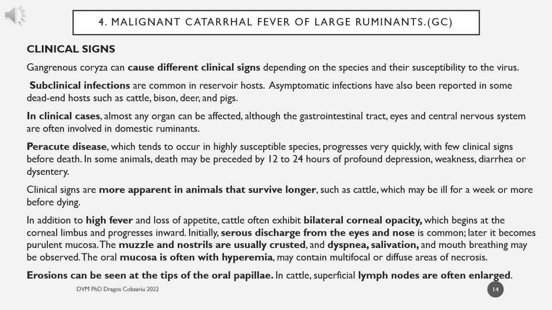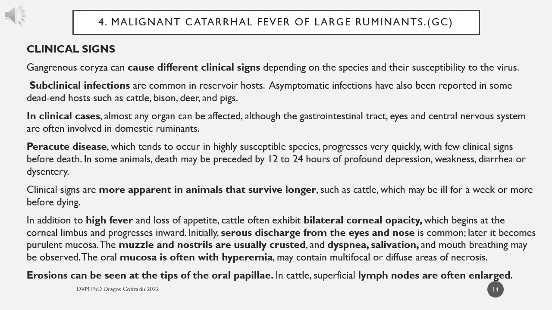Peracute disease, which tends to occur in highly susceptible species, progresses very quickly, with few clinical signs before death. In some animals, death may be preceded by 12 to 24 hours of profound depression, weakness, diarrhea or dysentery. Clinical signs are more apparent in animals that survive longer, such as cattle, which may be ill for a week or more before dying.